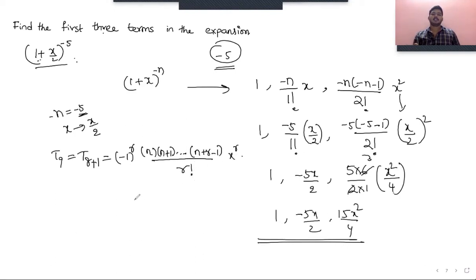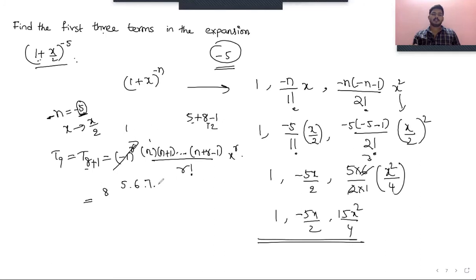So here r is 8, and minus 1 power 8 will be 1. Next, minus n equals minus 5, so in place of n it will be 5. So here 5 into 6 into and so on, up to n plus r minus 1, which means 5 plus 8 minus 1, that is 13 minus 1, 12.